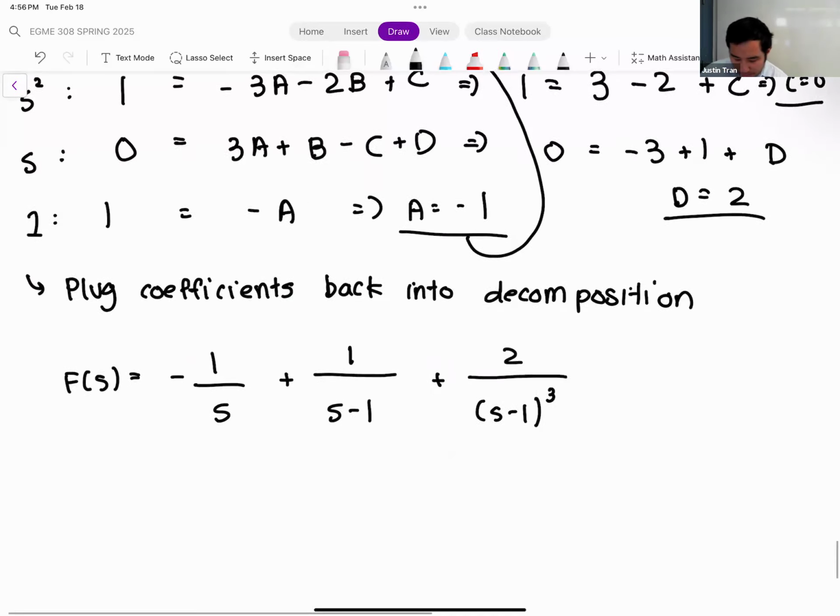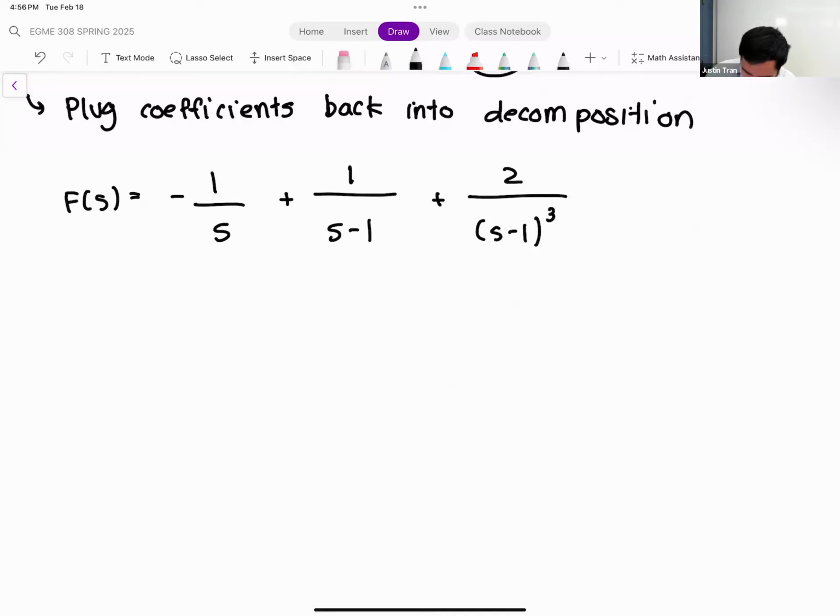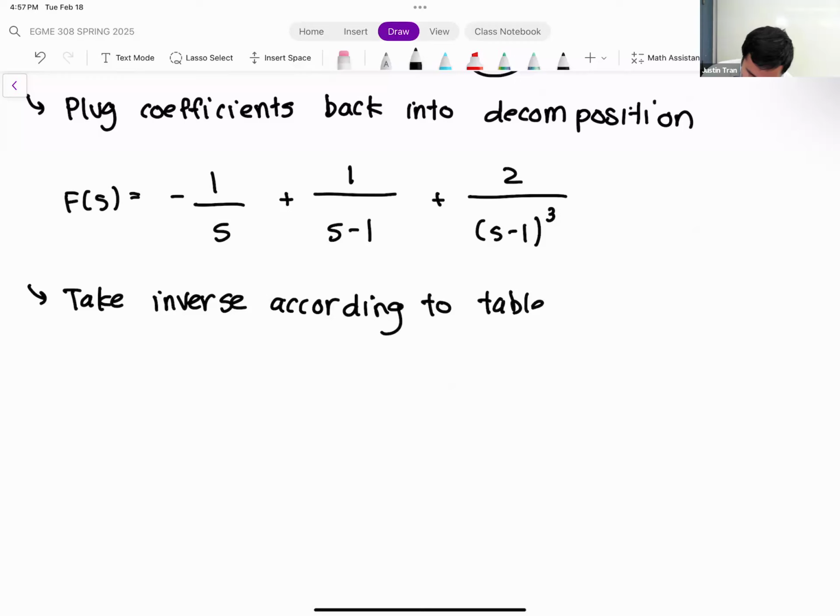Okay. So let's take the inverse according to the table. First we have the inverse of -1/s. We know that the Laplace transform of 1 is just 1/s.